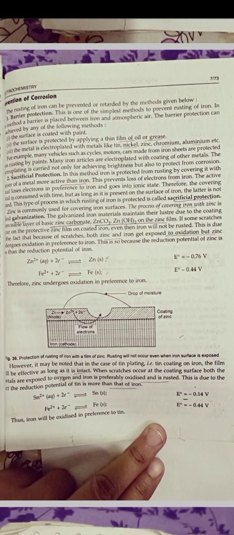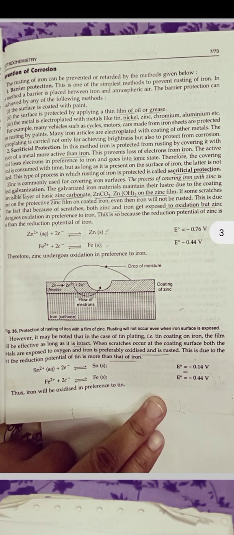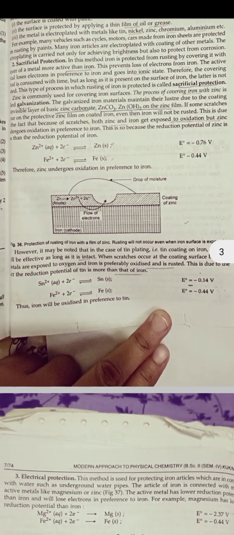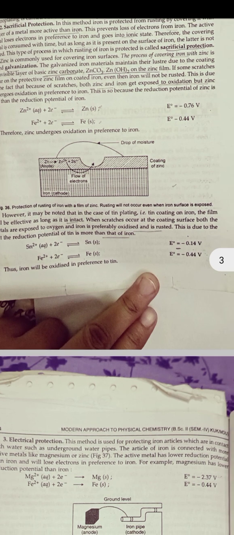Zn2+ + 2 electrons is converted into Zn solid, E naught is equal to minus 0.76 volt. Fe2+ + 2 electrons is converted into Fe solid, E naught is minus 0.44 volt. Therefore, zinc undergoes oxidation in preference to iron.